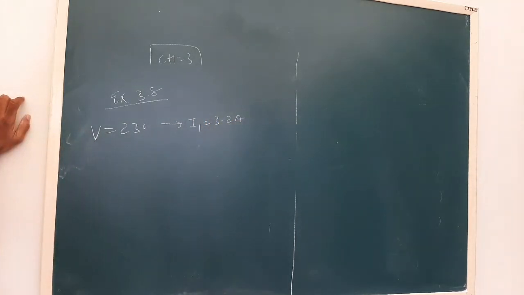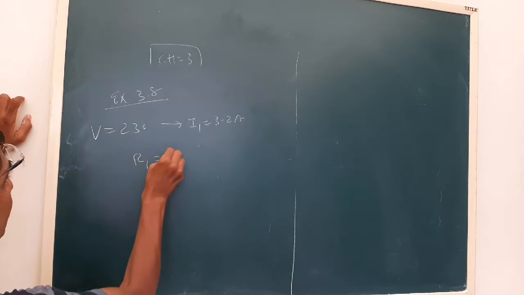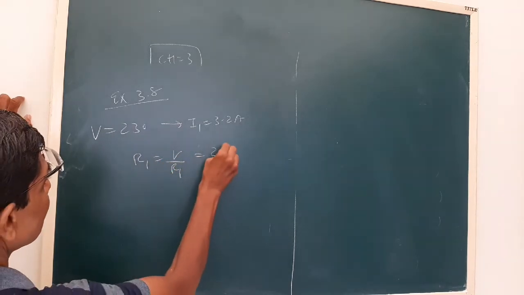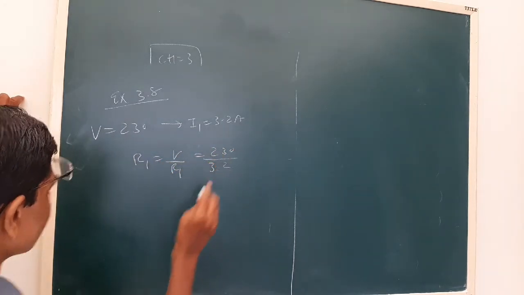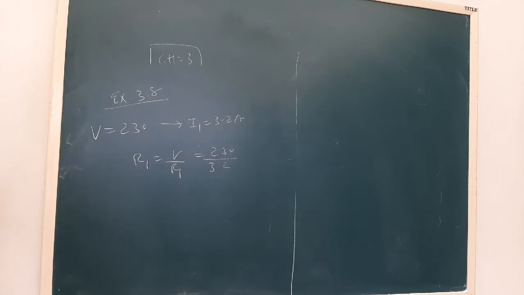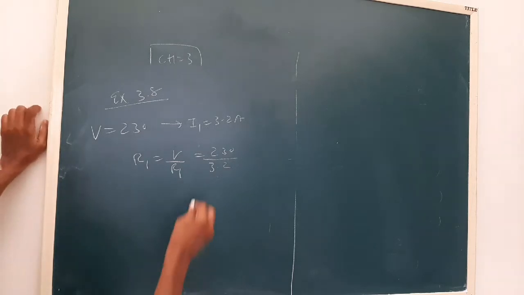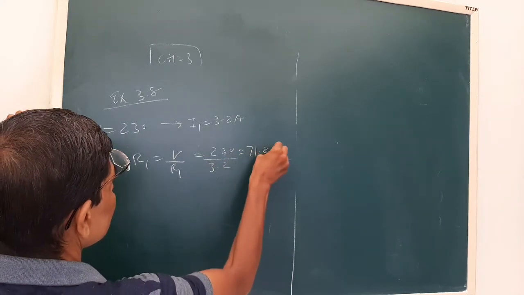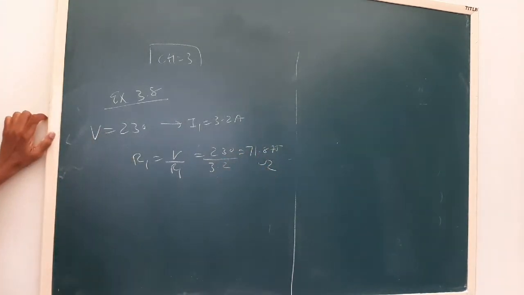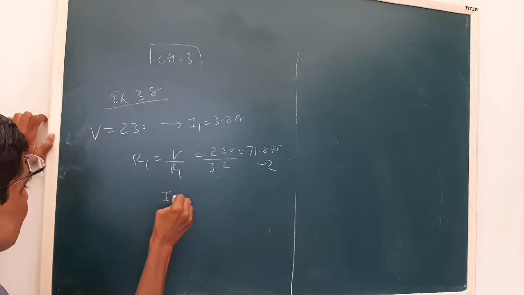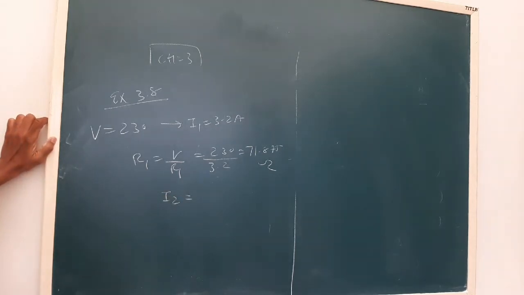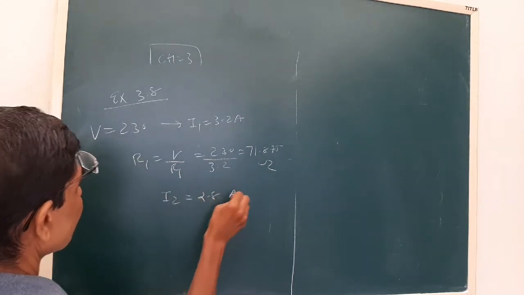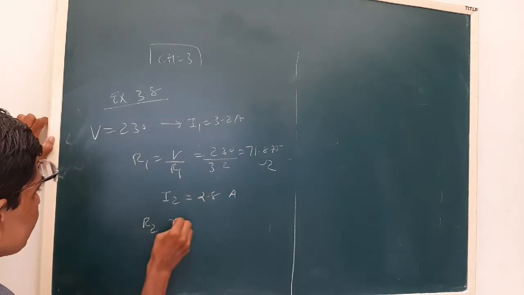So from this we get R1 is V upon I, 230 upon 3.2. That is 230 divided by 3.2, which is about 71. Now later, the current changes to 2.8 ampere, so R2 we get as 82 point something.